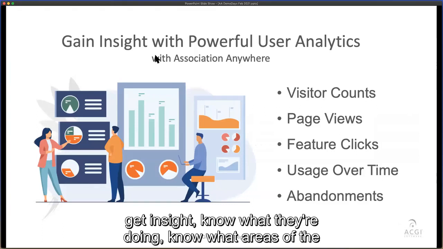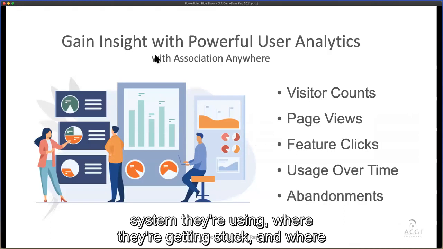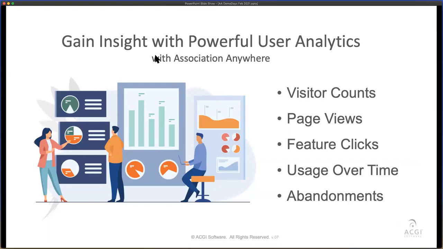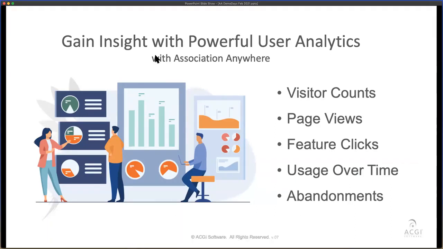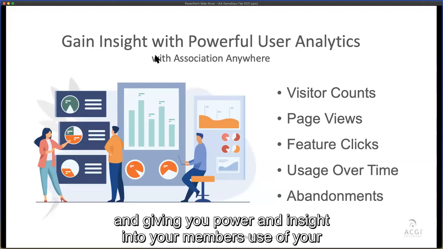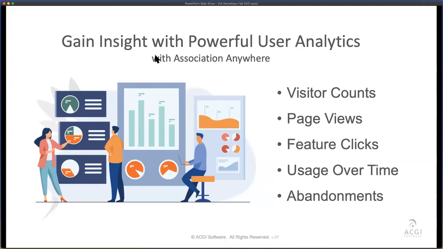Know what areas of the system they're using, where they're getting stuck, and where they're abandoning. Association Anywhere online, giving your members a better experience and giving you power and insight into your members' use of your online portal.